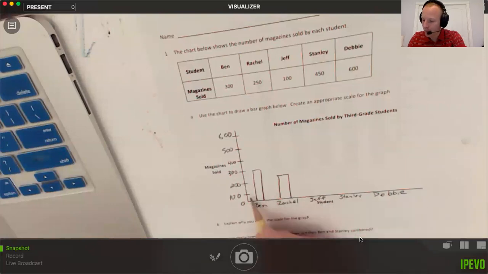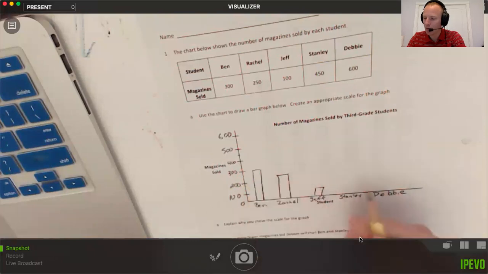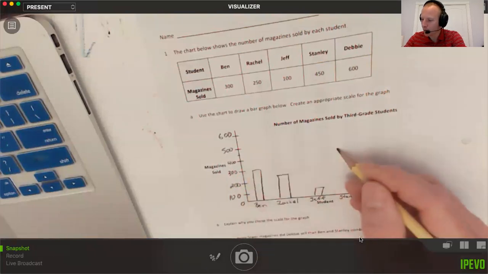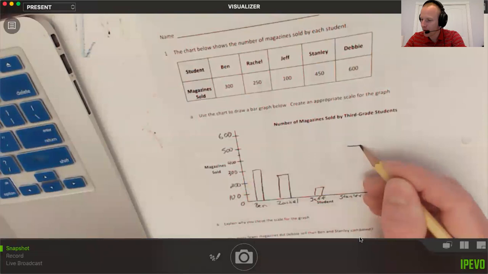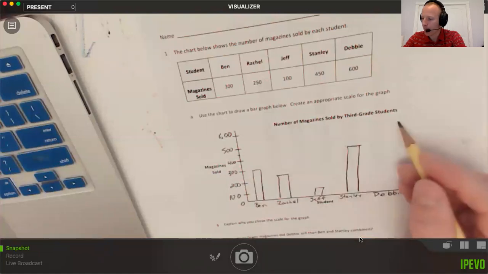Jeff sold 100. Well, that one's easy because we have 100 right on here. Stanley sold 450. Again, there's no 50 on here, but 400 and 500 are, and 450 is right between them. So that's right about here. And Debbie sold 600. So we're going to go all the way up to the top for that.